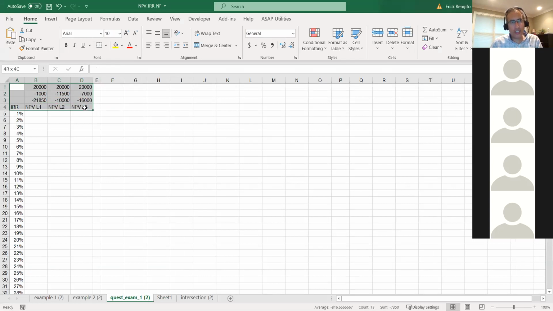And in the tab labeled Quiz Exam 1, parentheses 2, you need to be sure that you have not only the table, but also the graph. I will ask questions about this result. So once you do this, please analyze it and think about it, because at least a couple of questions are going to come regarding this page. So you need to have this page open for the exam. Make sense?